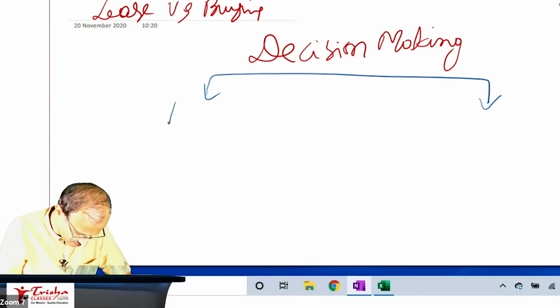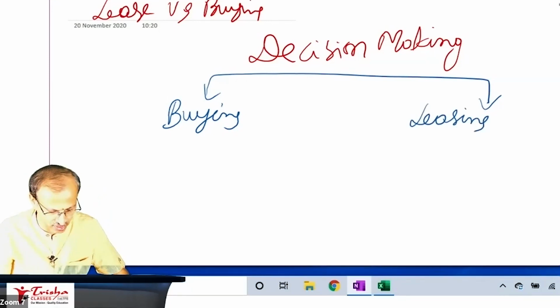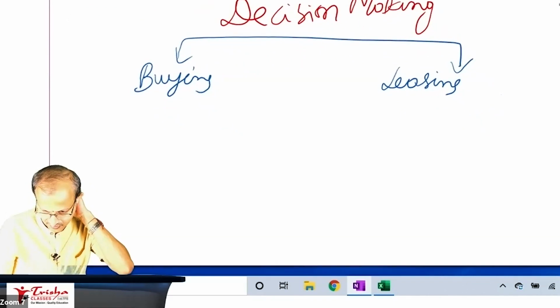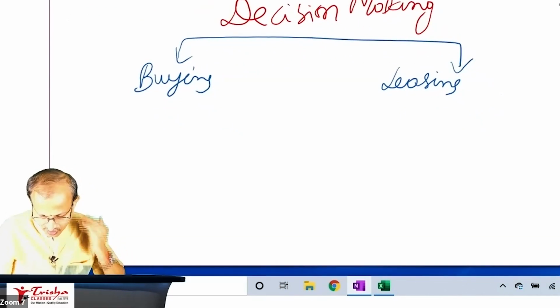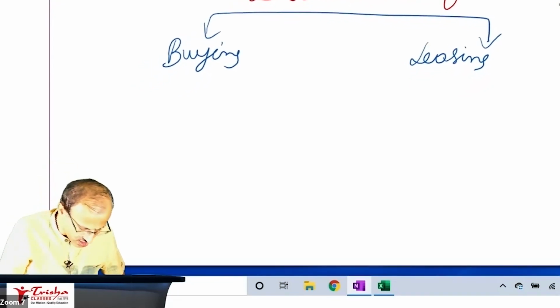Option one, buying. Option two, leasing. Hope all of you are writing along with me. Single letter yes, no, so that I can make out your understanding. Super.